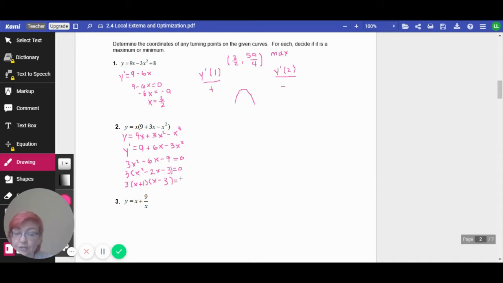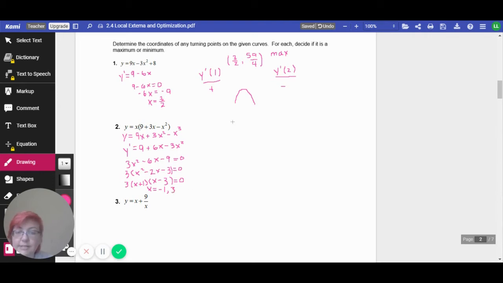I need to set each factor equal to 0. And so if x plus 1 equals 0, then x must equal negative 1. And if x minus 3 equals 0, then x must equal 3.